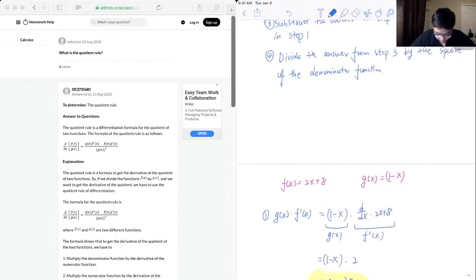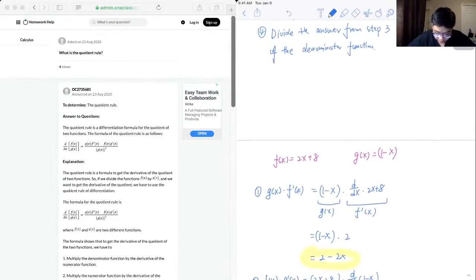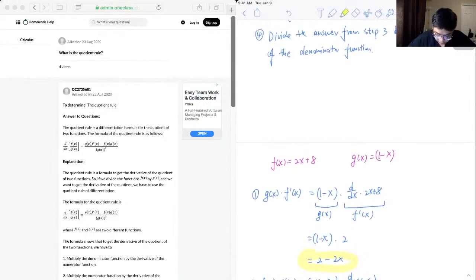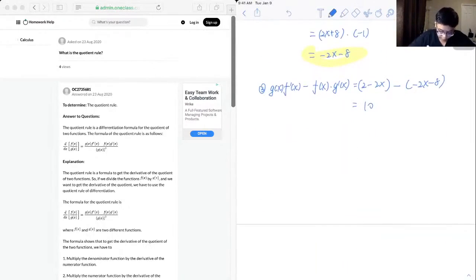So for our final step, we need to divide the answer from step 3 by the square of the denominator function.